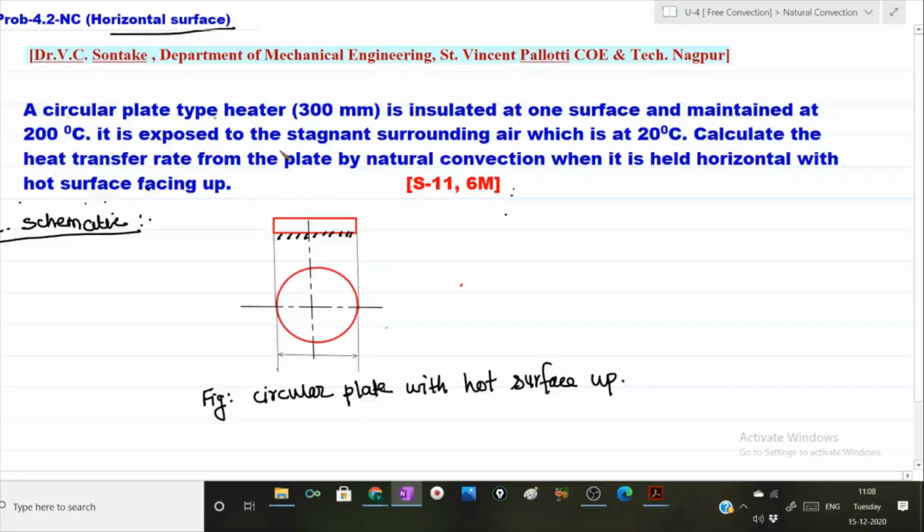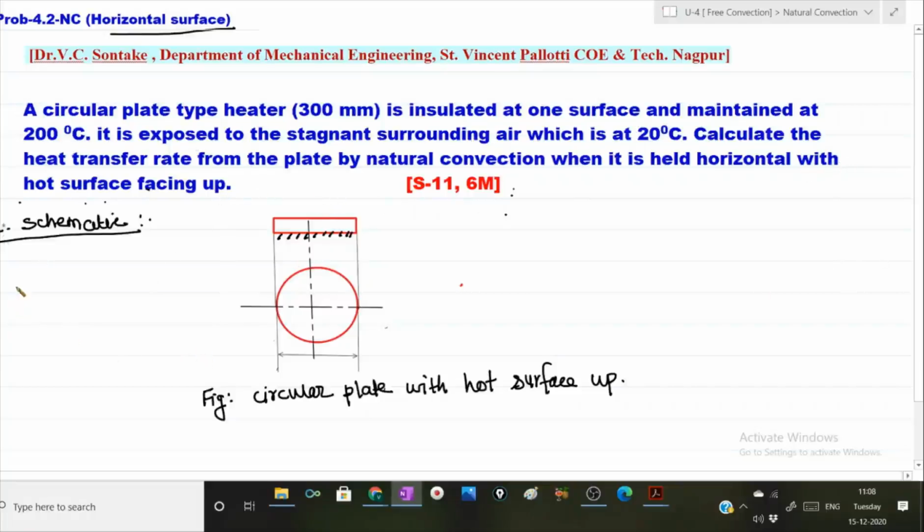It is exposed to the stagnant surrounding air, which is at 20 degrees Celsius. Calculate the heat transfer rate from the plate by natural convection when it is held horizontal with hot surface facing up.